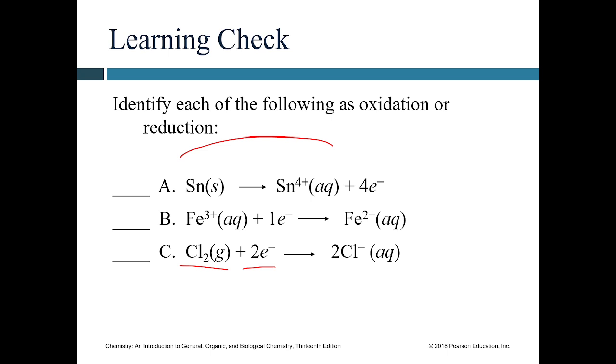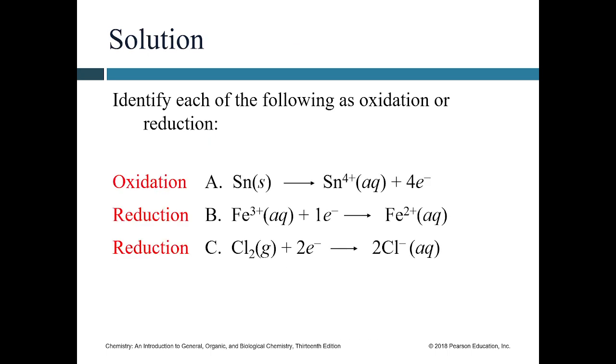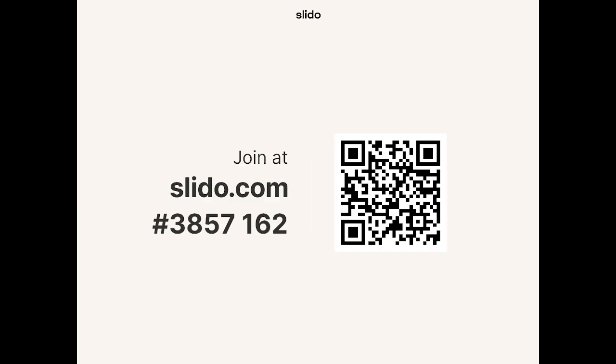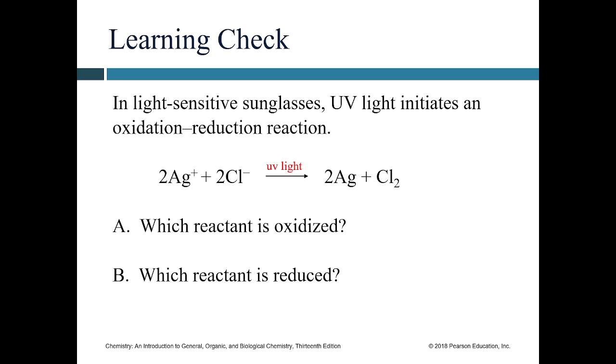Okay, the other way you can look at it is it's going from a 0 charge here to a -1 charge here. And so it got more negative, right? It was reduced. Okay. So in light-sensitive sunglasses, like my sunglasses right here, you may see them turn colors sometimes from the light.